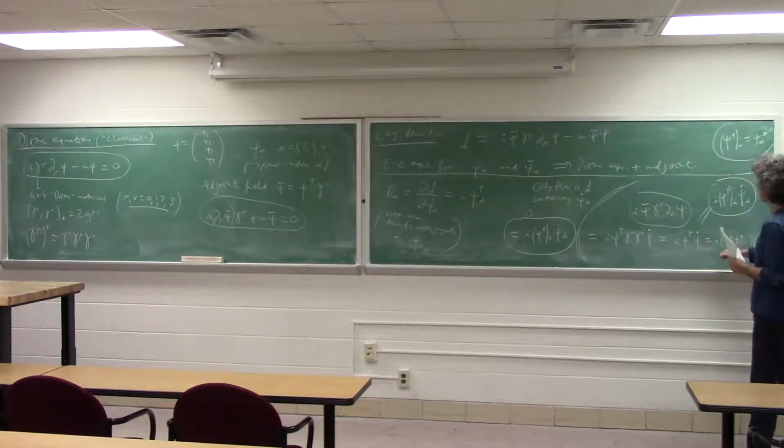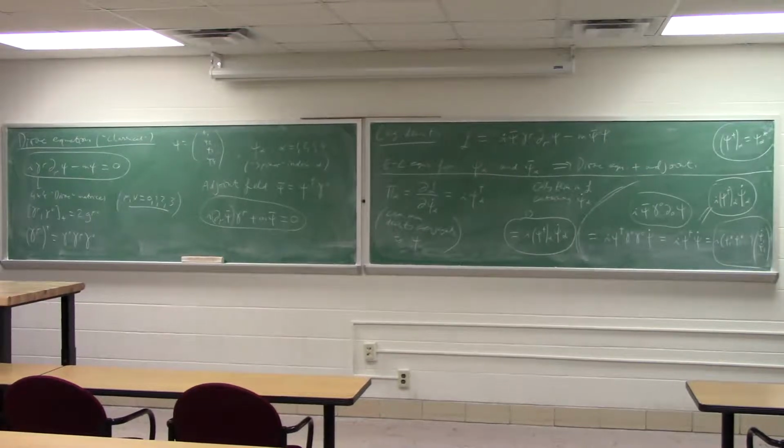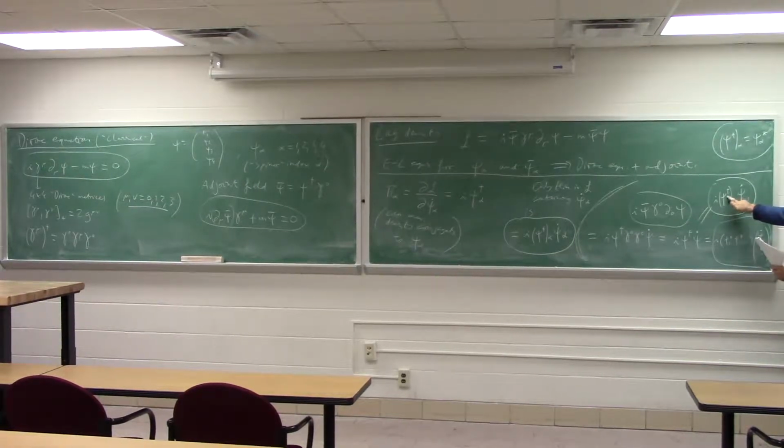Writing it in terms of row and column vectors is never going to be convenient. If that's what you're used to thinking about, you might want to think about that in the background, but for actually doing the algebra, it's better to introduce an index and use the convention that a repeated index is summed over. So this is what it looks like. It's just the sum of terms, the alpha component of psi dagger times the alpha component of psi dot.